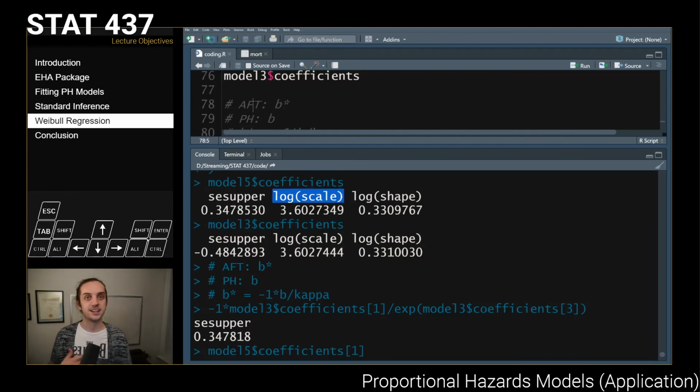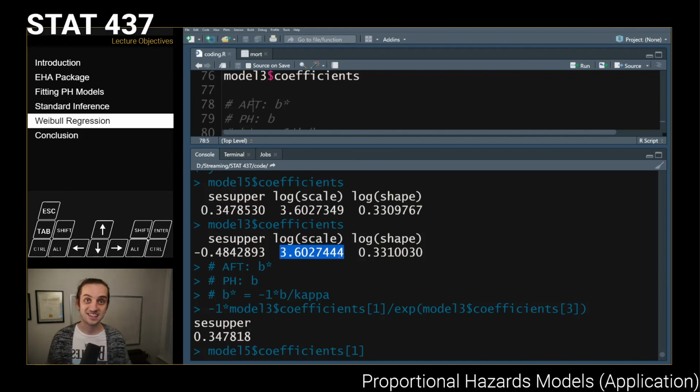And so when we were walking through the theory, what I had said is that the log of the rho term from your proportional hazards model is going to equal your beta 0 in your accelerated failure time model, which is exactly what we have here, just within the EHA package, they call it the same thing. Okay, so this is our beta 0 from our accelerated failure time model. This is the log rho term from our proportional hazards model.